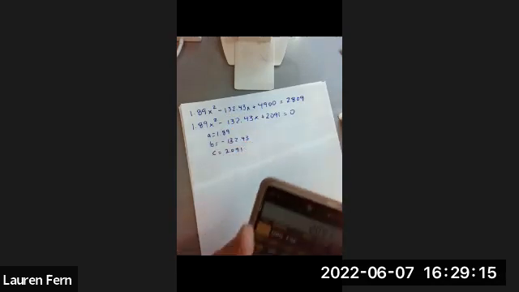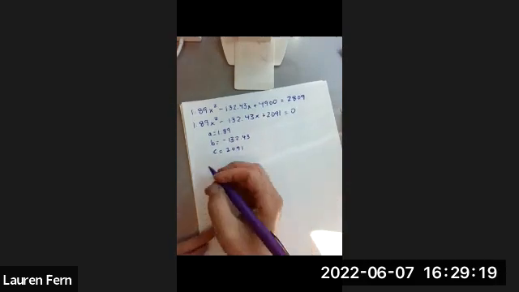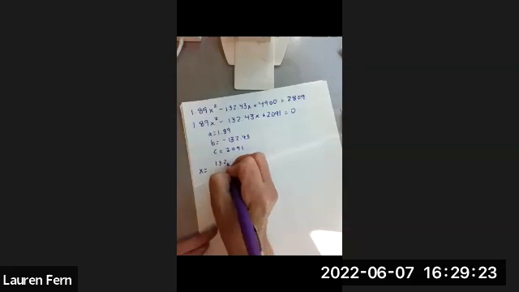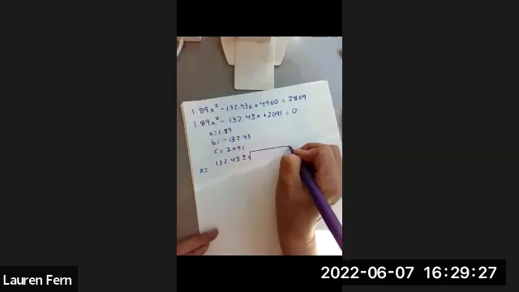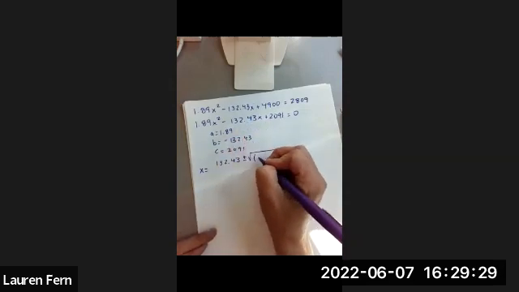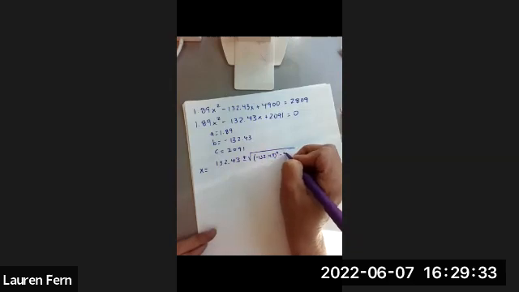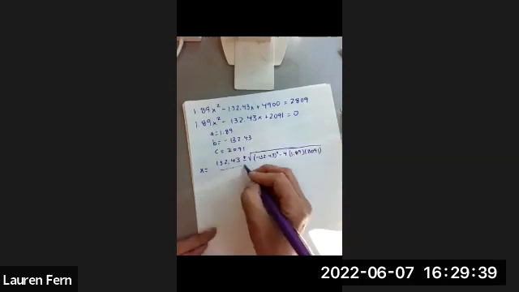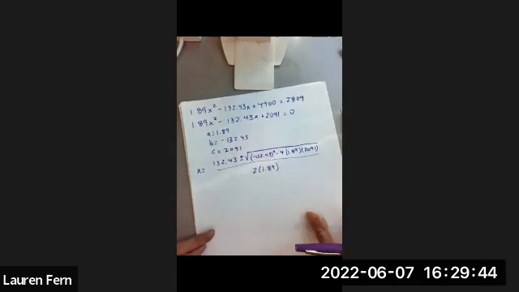And notice I'm using a calculator. All right, so x equals negative b, so 132.43 plus or minus the square root of b squared minus 4 times a times c, and that's all over 2 times a.